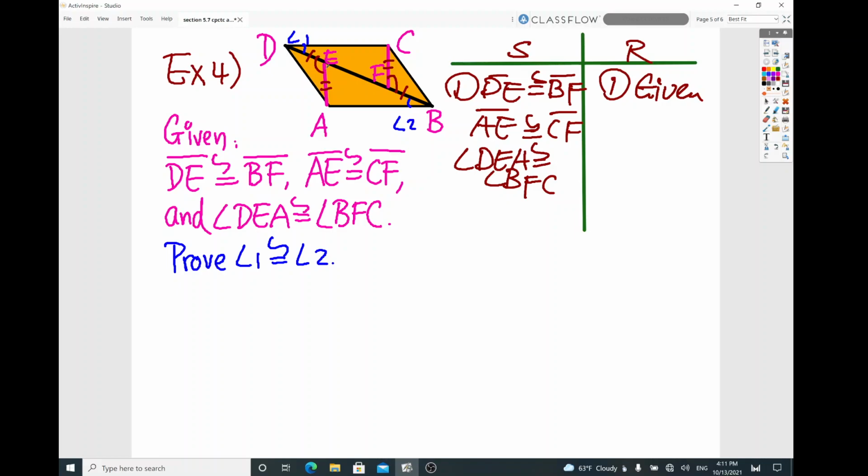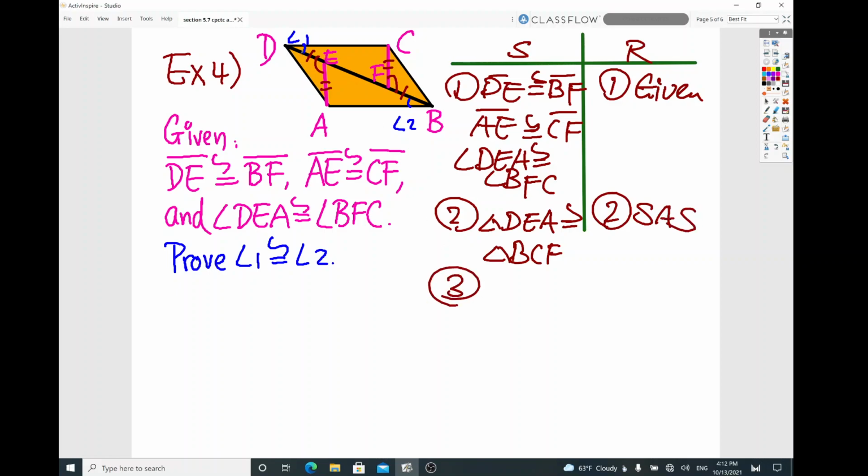So in order to show that the large triangle is congruent with the other triangle, let's start with the small triangle first. So triangle DEA is congruent to triangle BCF. And the reason for that is angle side angle.